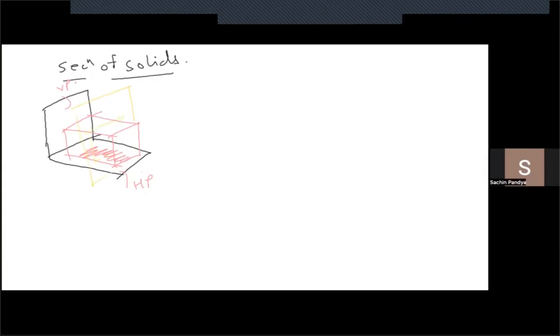So when it is cut, this is the vertical plane, right? So what we will do now in this case: when it is resting on its rectangular face, the front view will give you the true shape. So in the front view, we will draw a square. This is the XY line, and in the top view, we will draw like this.